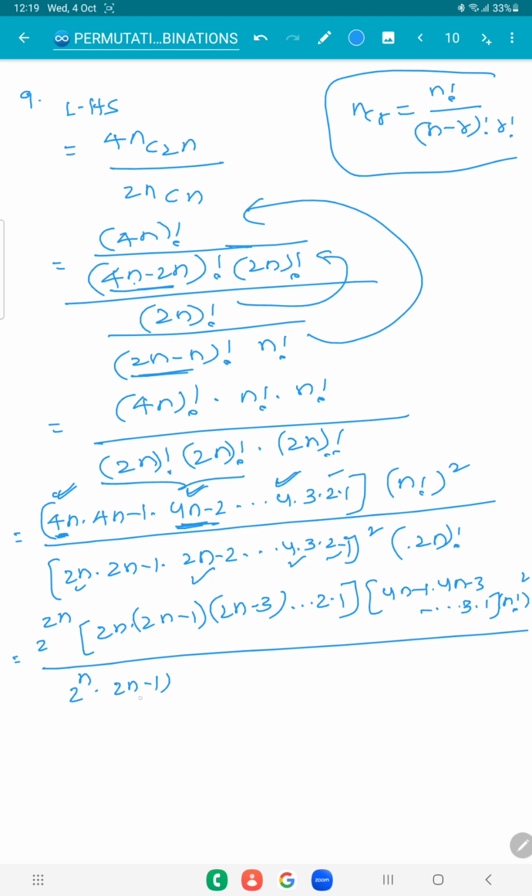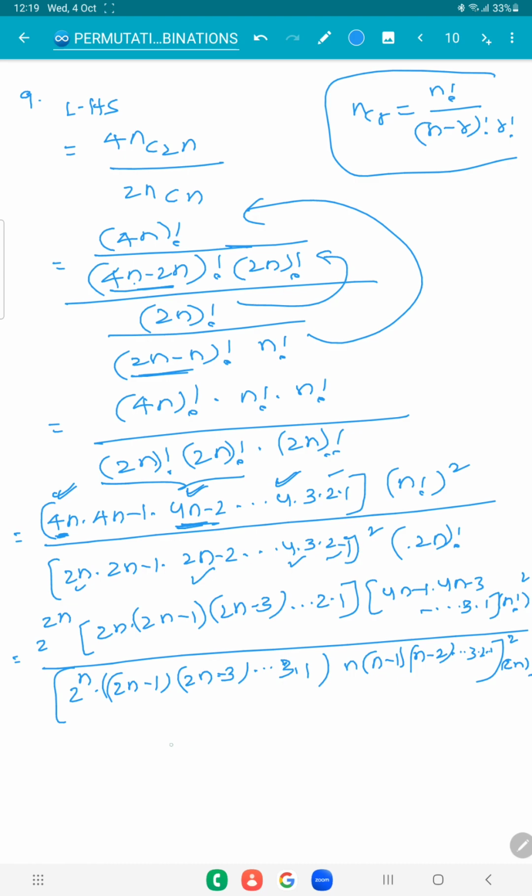Remaining terms are 2n minus 1, 2n minus 3, and so on, 3, 1. Next remaining terms are n into n minus 1, n minus 2, and so on, 3, 2, 1. For these terms, whole square is there. That is 2n factorial.